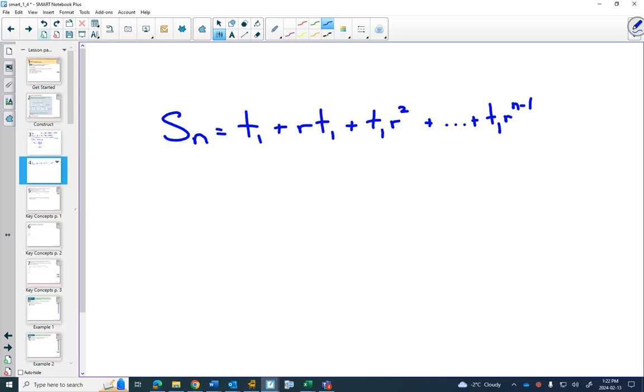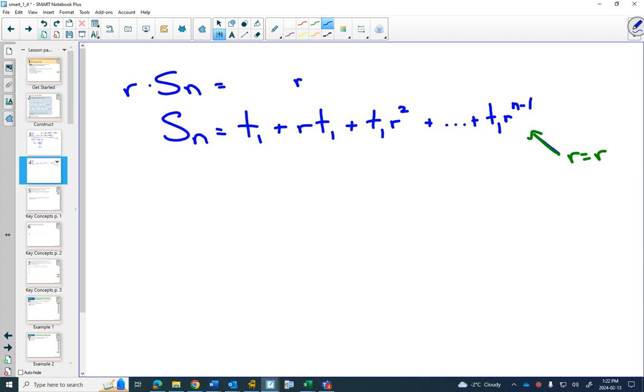And in this case, obviously, my r is equal to r. Like the first one, our r was 5. This time our r is just r. So I would take my sum and I'd multiply it by r. What would that do? That would take my first term.